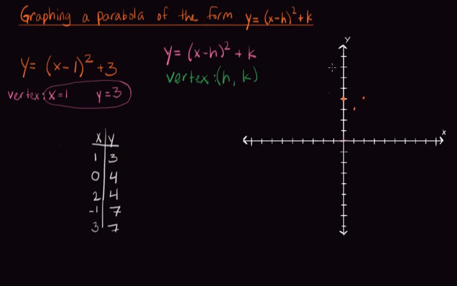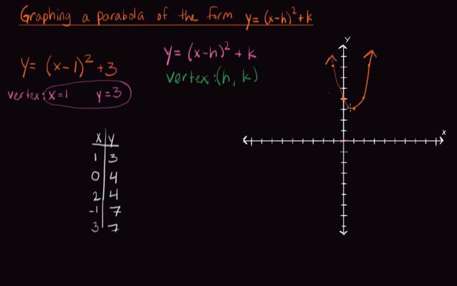Negative 1, 7, and then 3, 7. Okay, so then if we want to sketch our parabola here, that's pretty terrible. Let me try that one again. That's what our parabola looks like.